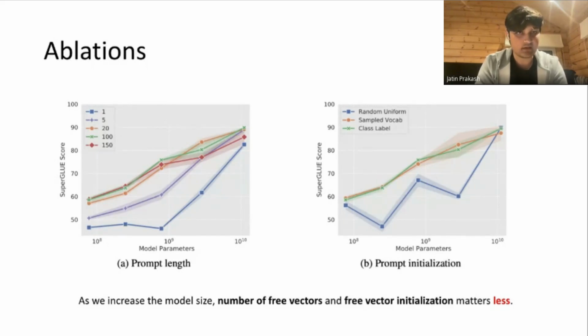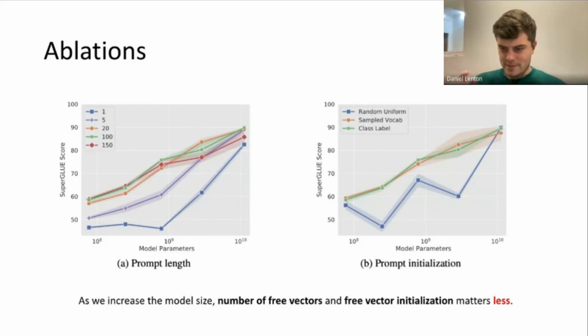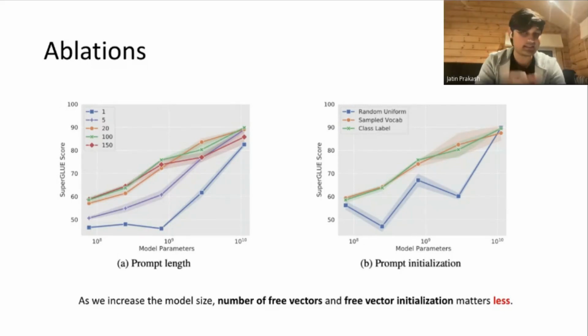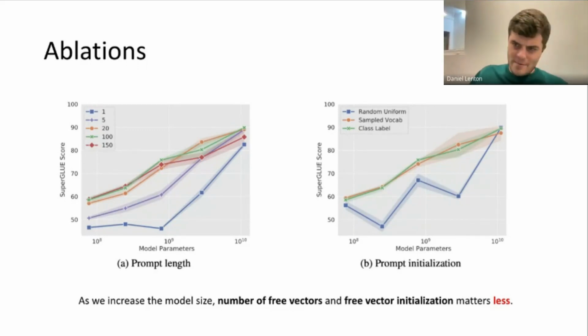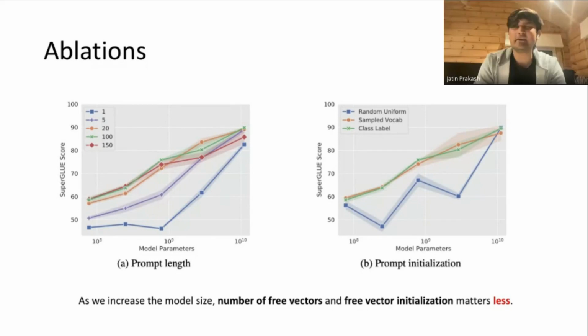So just to understand, this is the number of free vectors, but the vector dimension would be the same as that of the vocabulary embeddings. What would a typical size be? For a BERT-like model, it's around 768.